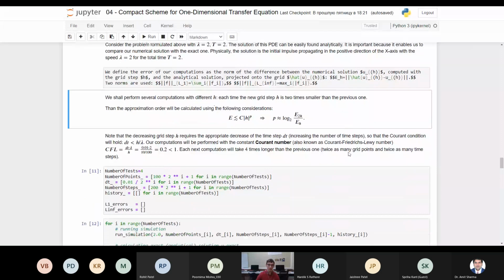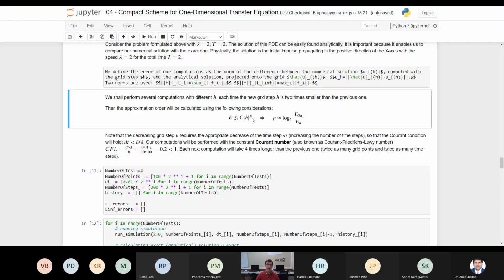And this formula gives the approximation order. It's the definition of what an approximation order is, and p here is actually the approximation order.